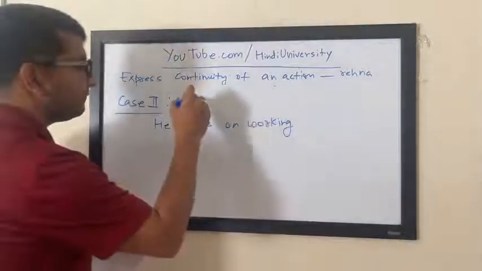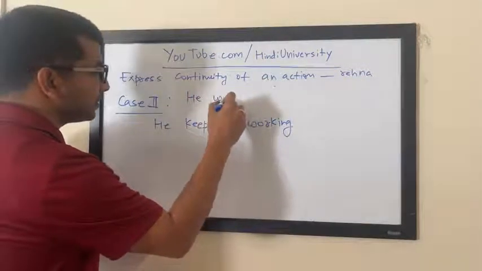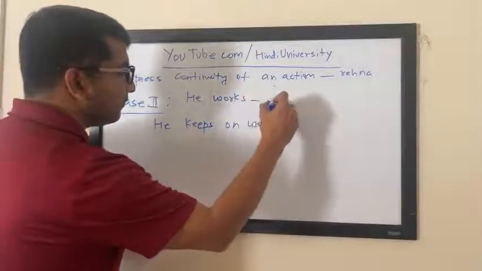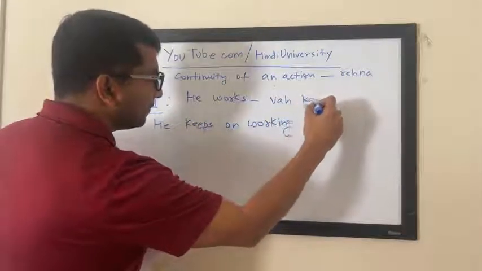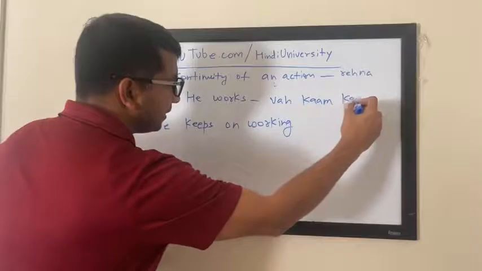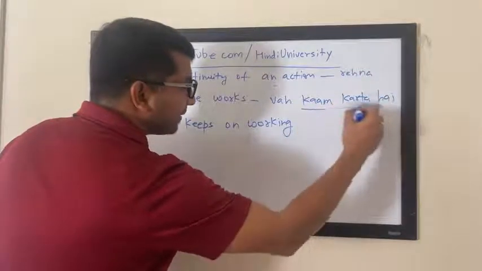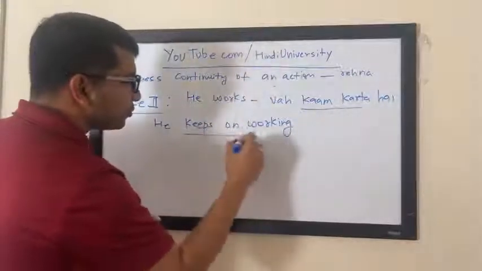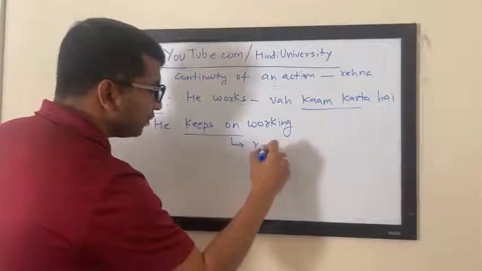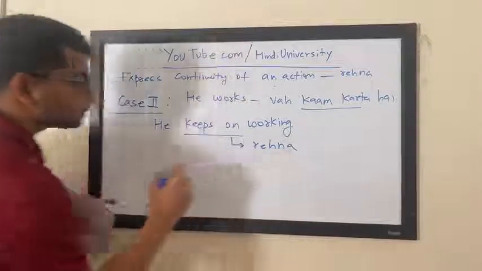So if we had he works, we have वह काम करता है. Okay, वह काम करता है. Now, because we want to show continuity, we will use a form of रहना.